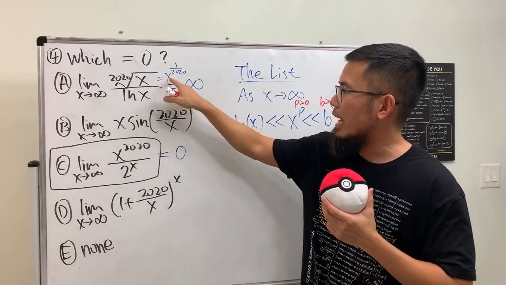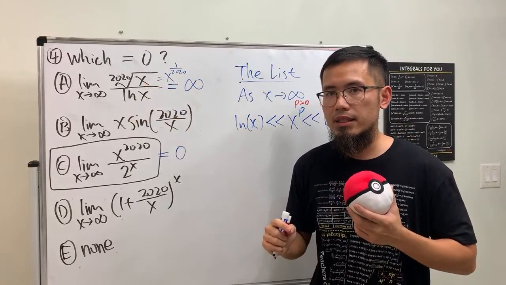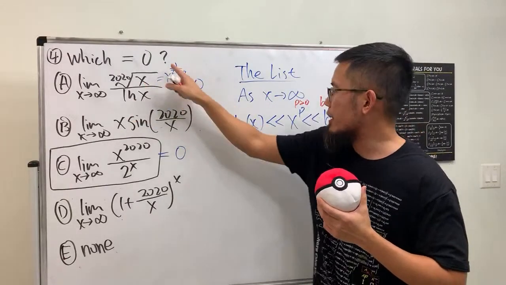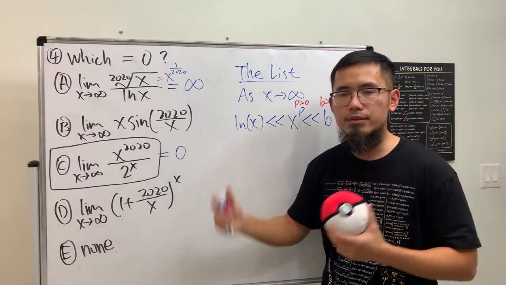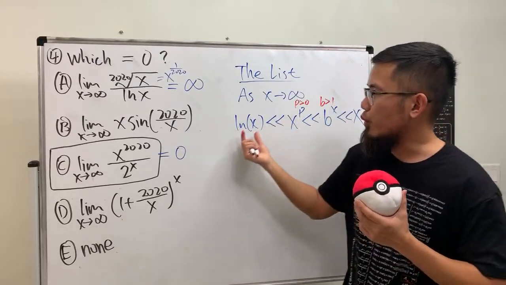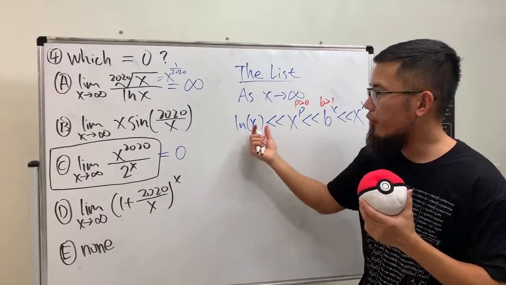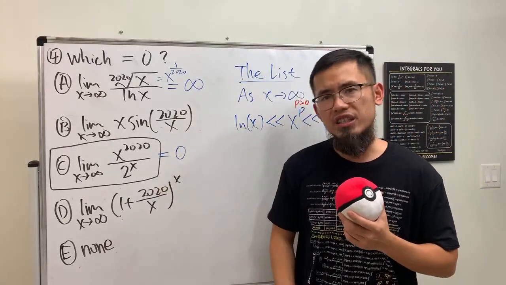So here we actually have x to the 1 over 2020's power over ln x. But you see that this is actually bigger than ln x. How much bigger though? Big enough so that when you do the ratio of this over that and take x approaching infinity, you end up with infinity. That's it.